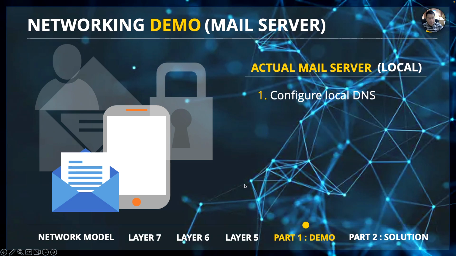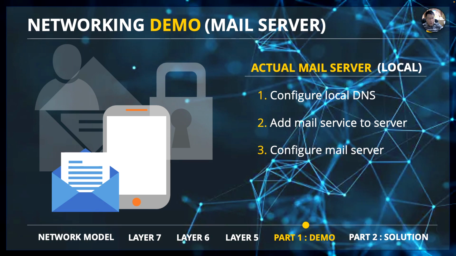So these are the steps. First, we may have to install a local DNS server and create an A record for our mail server IP. Next, we are going to add a mail service to our existing server. This setup depends upon the server operating system and may involve installing a special mail server app.